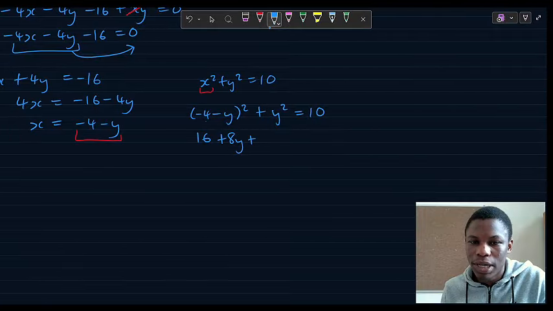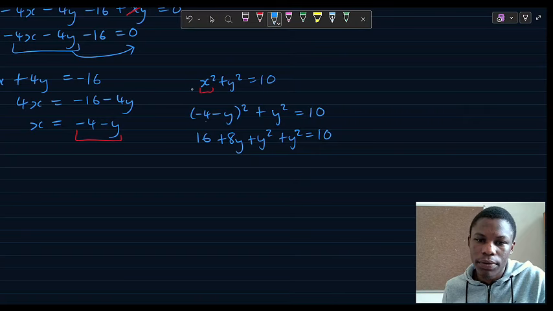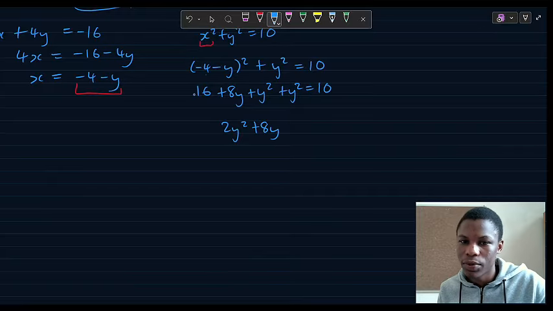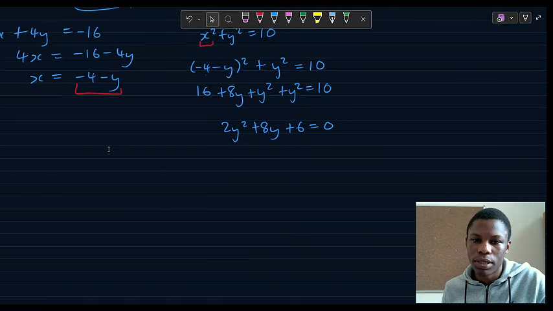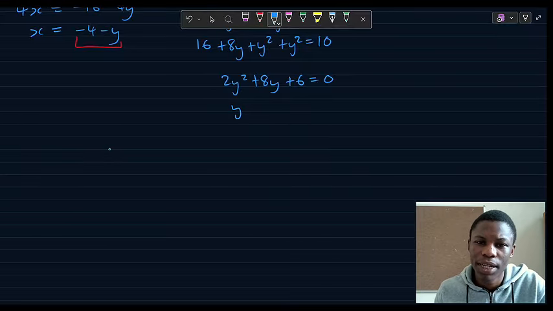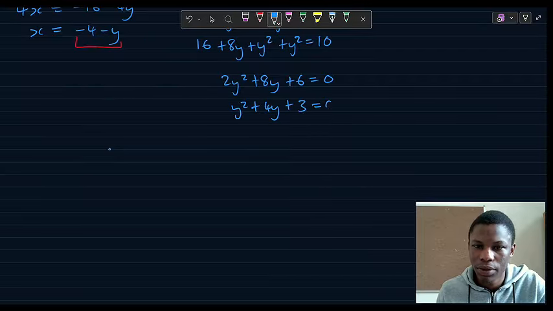Square the negative y, you get positive y squared, plus the y squared. This is equal to 10. If we simplify y squared plus y squared, that's 2y squared, plus the 8y, plus 16. If I bring the 10 this side, it subtracts, so it becomes a positive 6. This is equal to 0. We can divide through by 2. So y squared plus 4y plus 3 is 0.